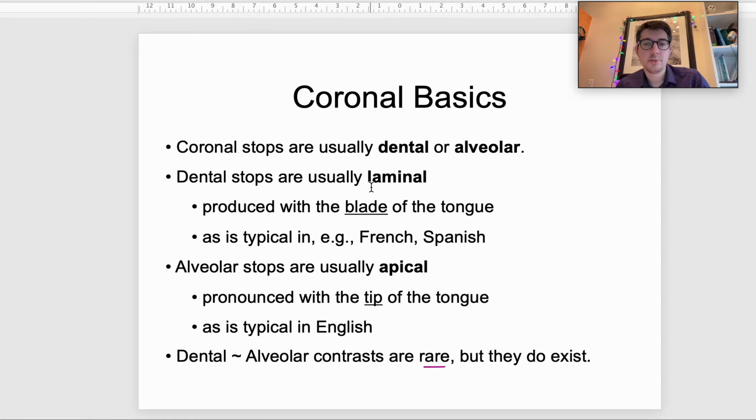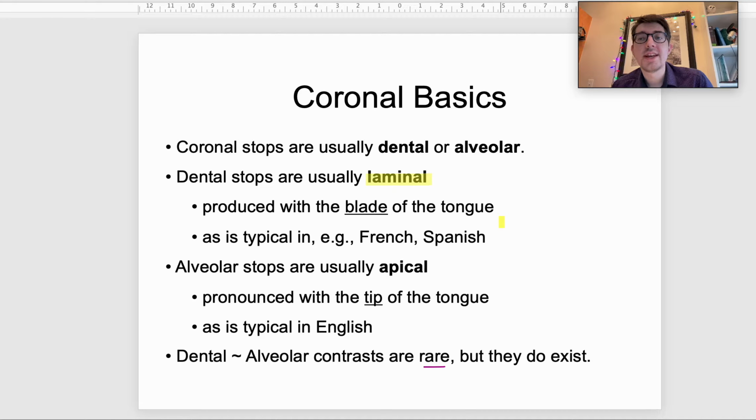Dental stops are usually produced with the lamina. So we would use lamina to produce dental stops or blade, as is typical in French, Spanish. And if you try producing them, you should try without interfering the tip of the tongue, but a little bit towards the back of the tip of the tongue, which is blade.